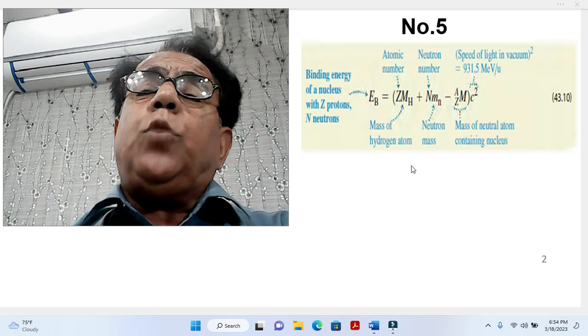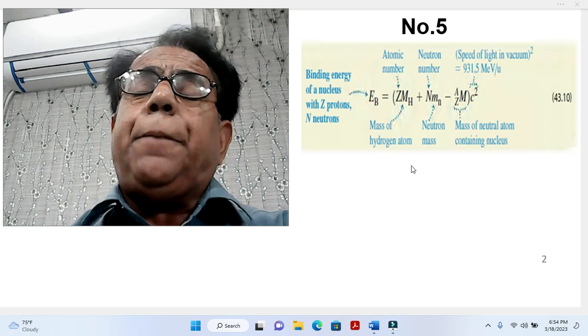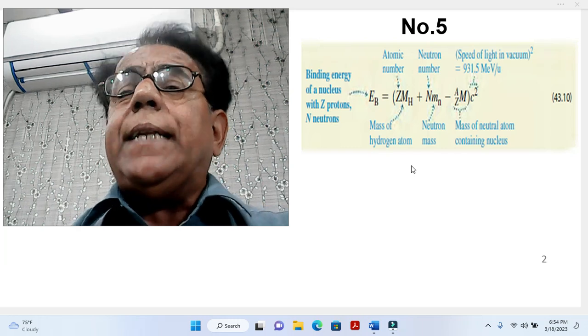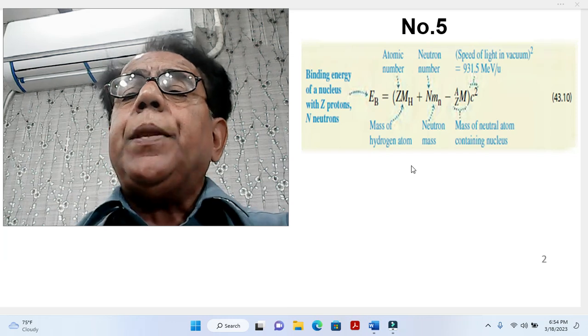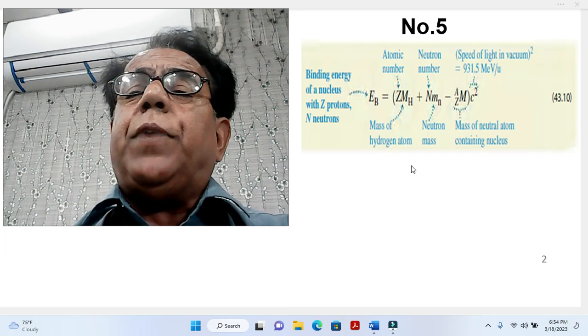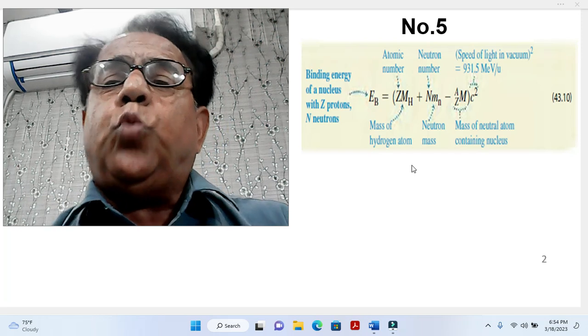In place of meter per second we will take value of C square as 931.5 million electron volt over atomic mass unit U.